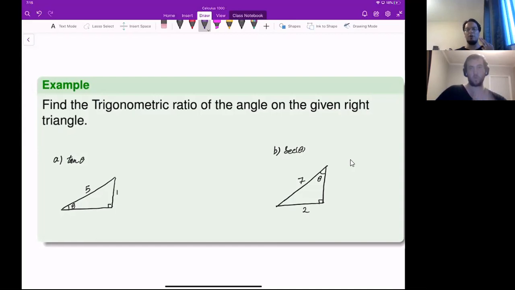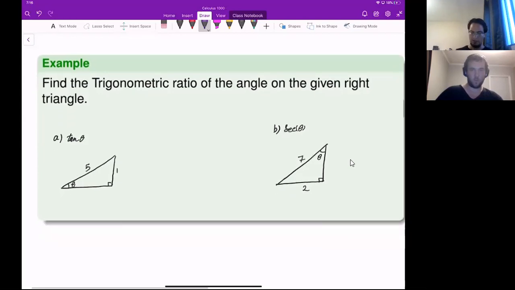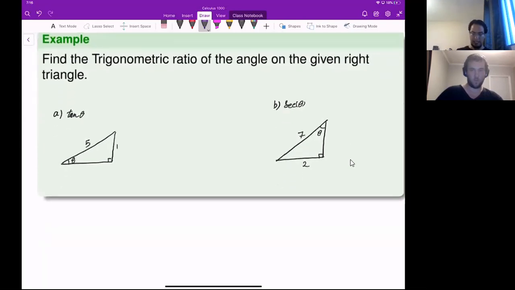If you have only two of them, how are you going to find the other one? And this is the famous Pythagorean theorem, which has been around for about 2,500 years. It says that if you know two sides of a right triangle, you can find the other one, and it has a good formula.